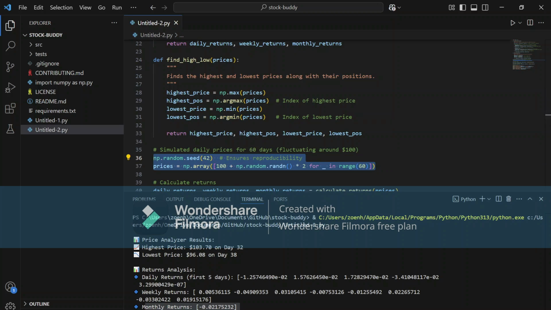So now we have our random seed. This is creating random prices that are the same every time. The np.random times 2 creates random changes in the stock prices, and the price fluctuates around $100.